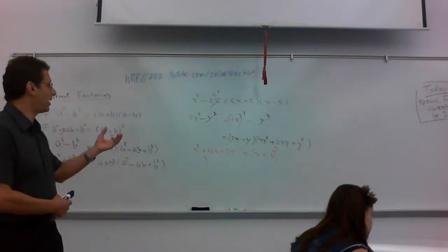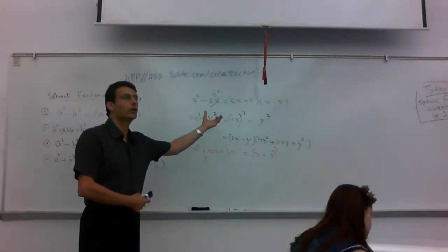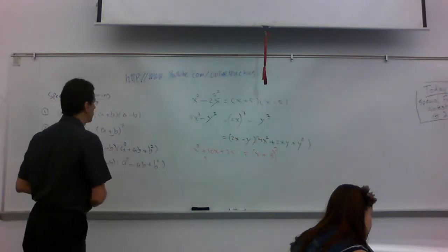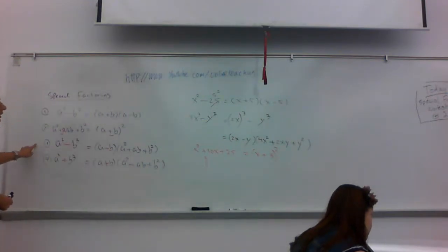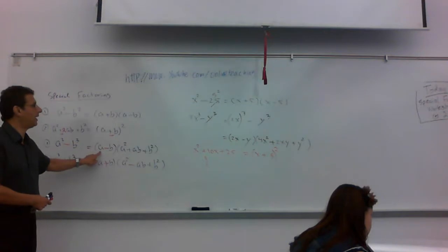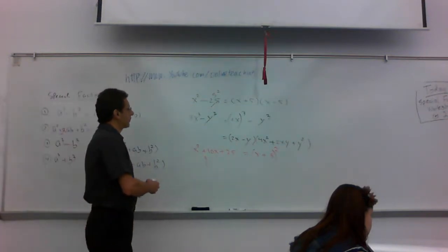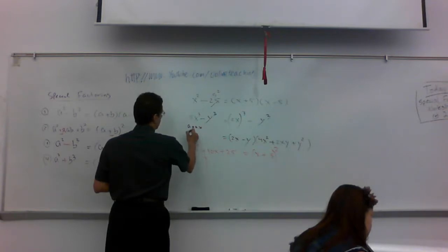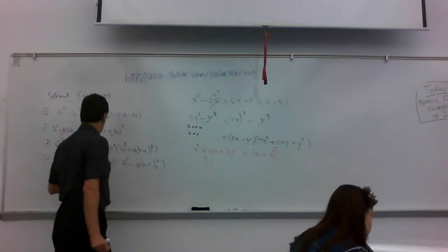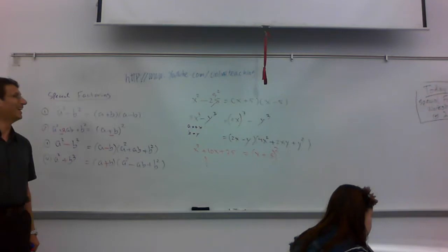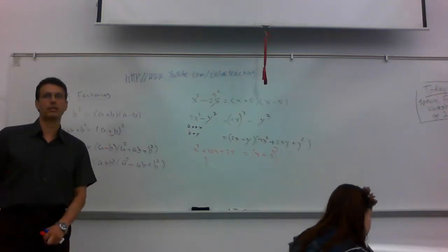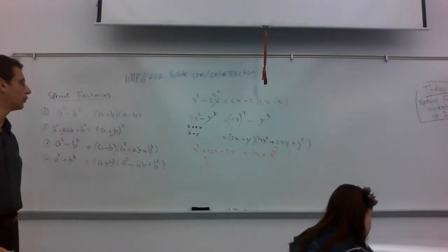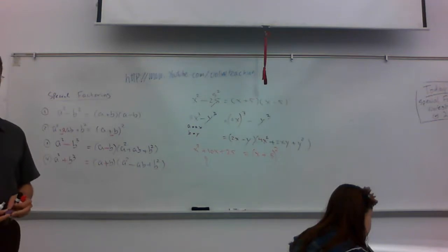So 8x cubed becomes 2x quantity cubed. So if you want to compare that to the third one, you see your a is 2x and your b is y, and all you have to do is just wherever you see a, plug in 2x, b, plug in y, there you have it.